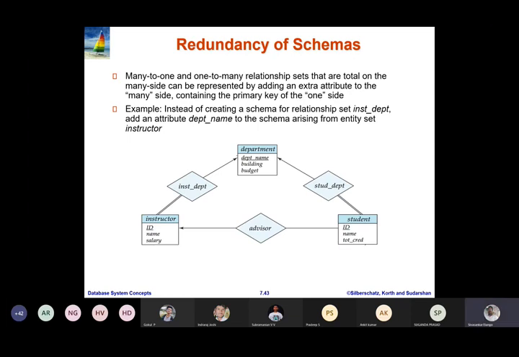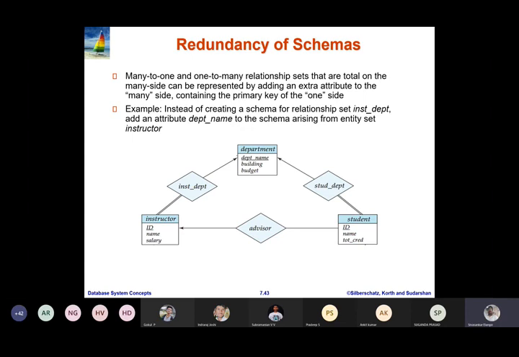Redundancy means whenever there exists a many to one relationship between the participating entities, you can represent the many to one relationship by adding an extra attribute to the many side containing the primary key attribute of the one side. There exists a many to one relationship between the student and the department.